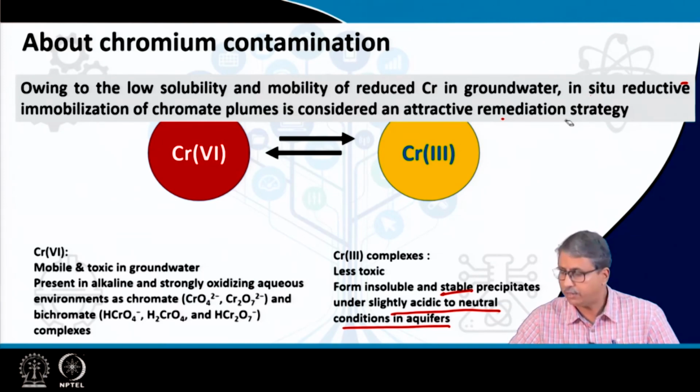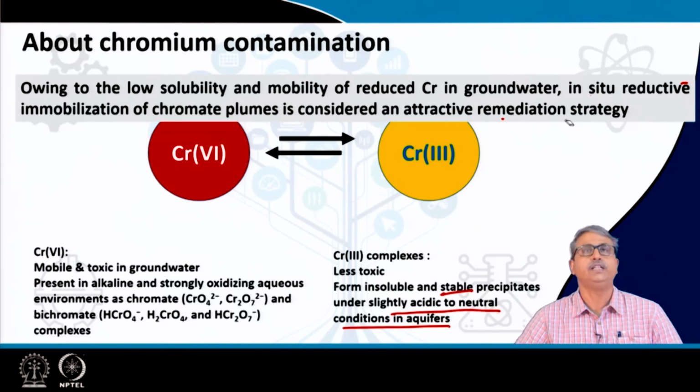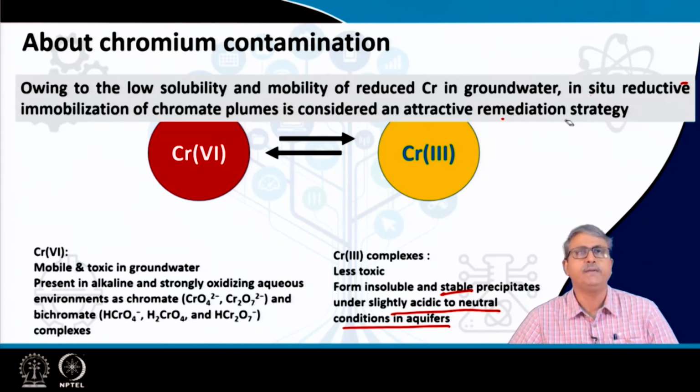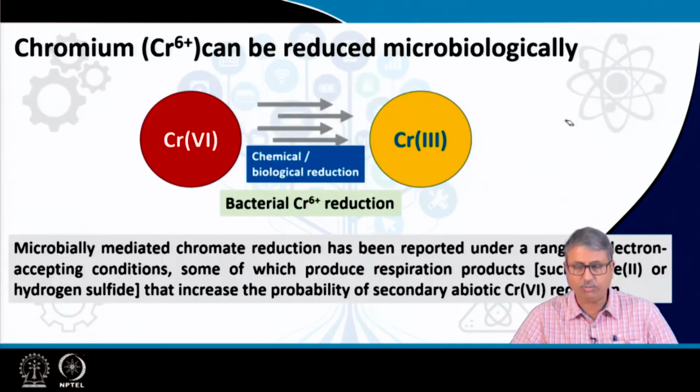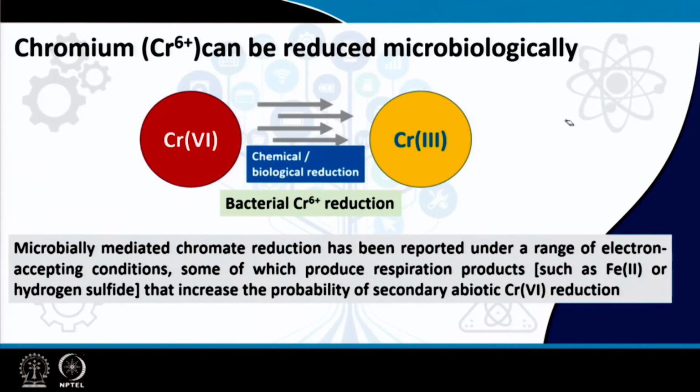So, in an underground system, if we can reduce chromium 6 to chromium 3, the chromium 3 will precipitate, and that precipitated chromium 3 will help us get the water free from soluble chromium. Now, this chromium 6 can be reduced microbiologically, and of course can be reduced chemically also. So, we can think of chemical reduction as well as biological reduction.